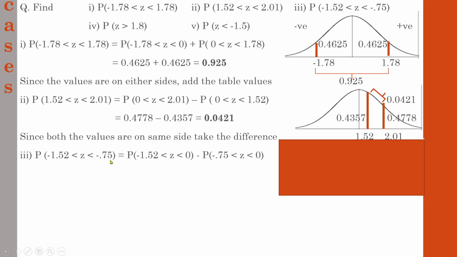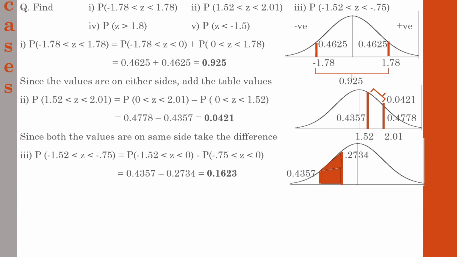If both numbers are negative, which one is bigger? 0.1525, 0.1 minus 0.152. See, the signs go to the opposite side. When we are dealing with a negative value, it's the opposite side. Minus P of minus 0.75, opposite sides. So it can be represented in a graph like this. See, here from here to here is represented as 0.152.